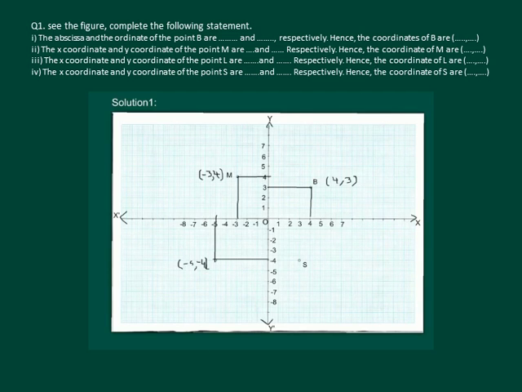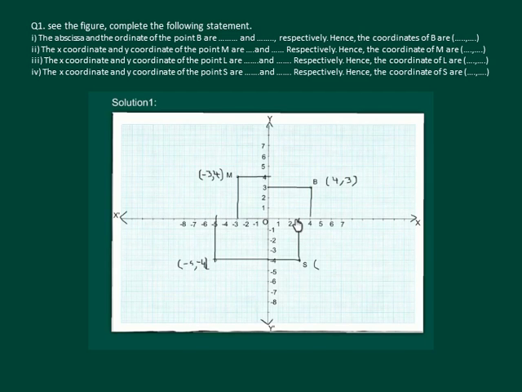In the fourth part of the question, we are asked the coordinates of point S. So let us proceed. We draw the perpendiculars from point S on the x-axis and the y-axis, and now our distance of point S from the y-axis is 3.